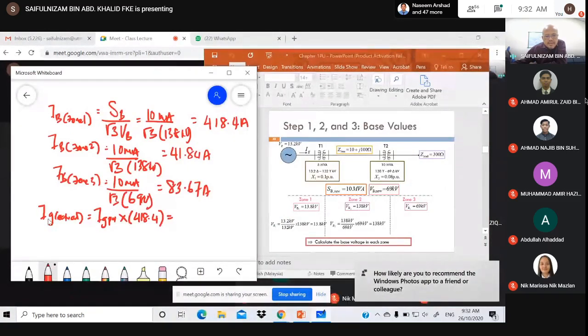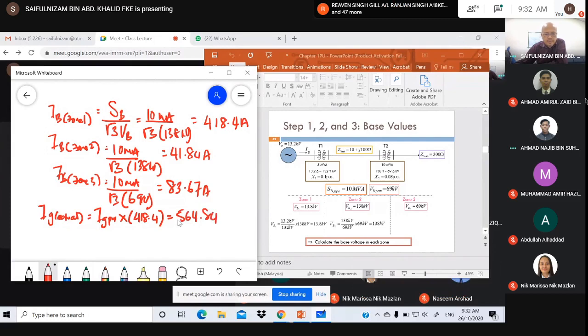So what is the I generator actual? 564.84 angle minus 26.4. Yes. The angle doesn't change, right?